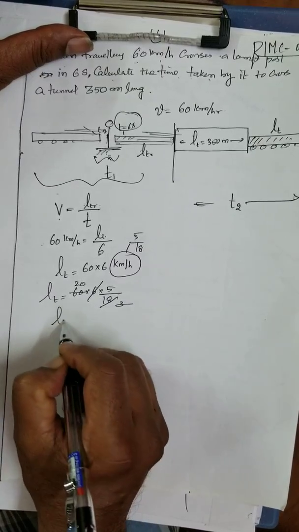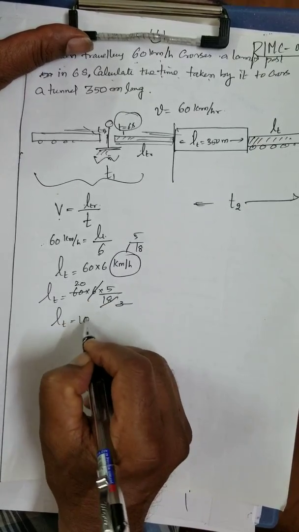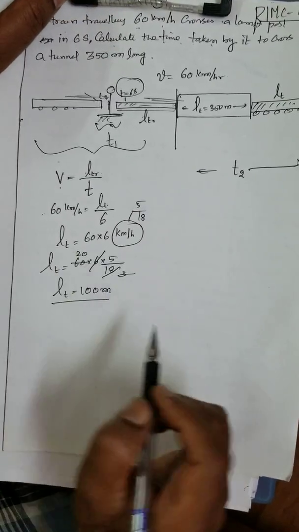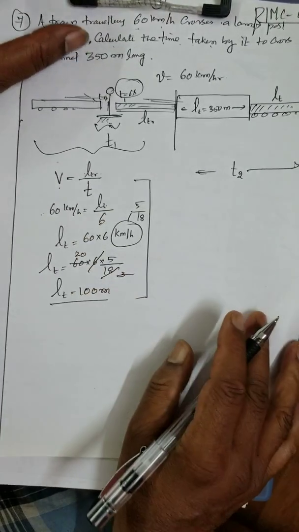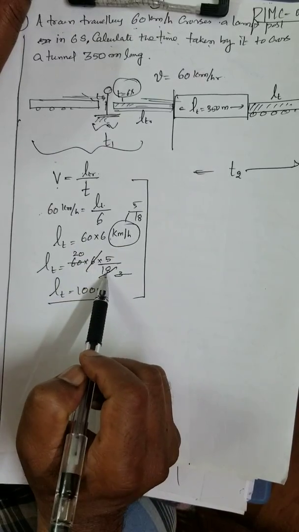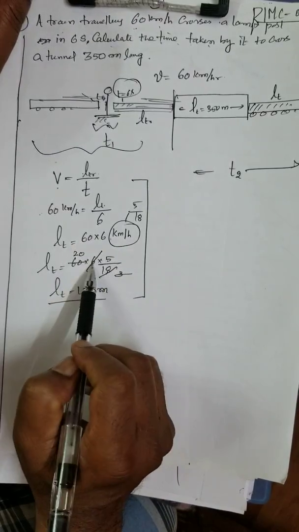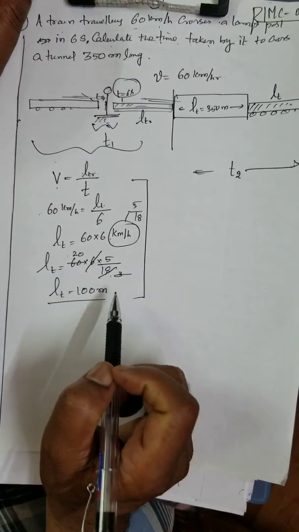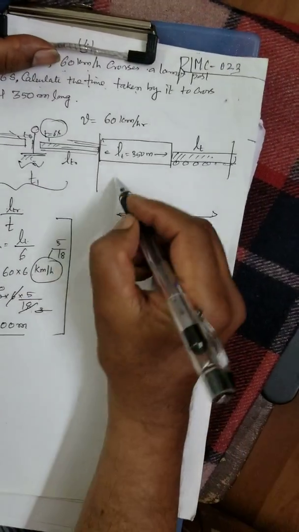Therefore, length of the train is 100 meter. I hope 6 6 36, yes, 18 3 is 3, right. 100 meter.